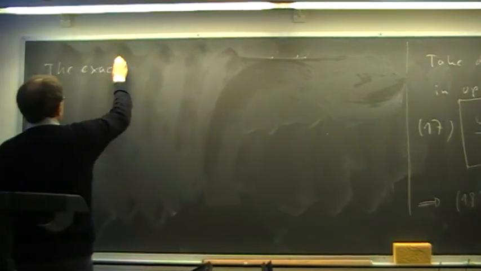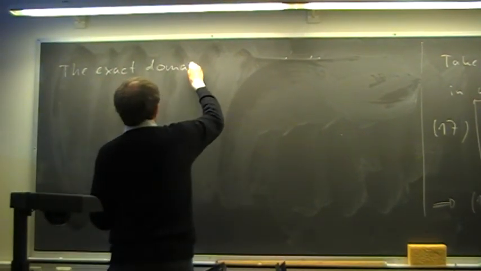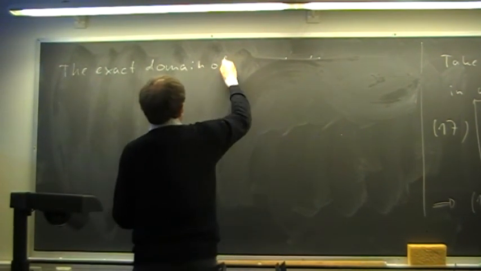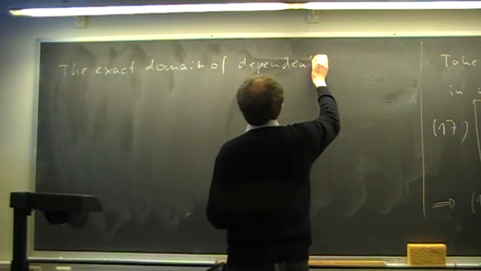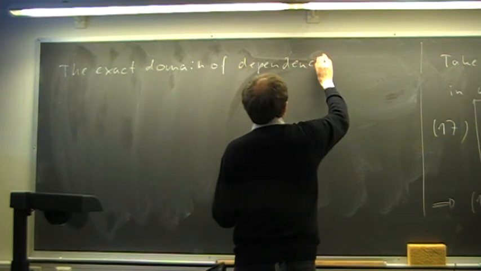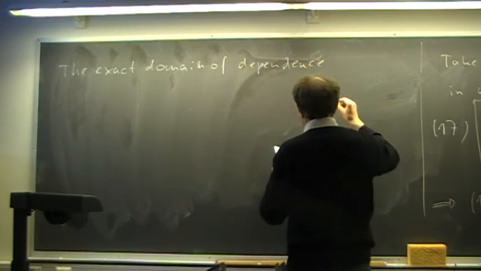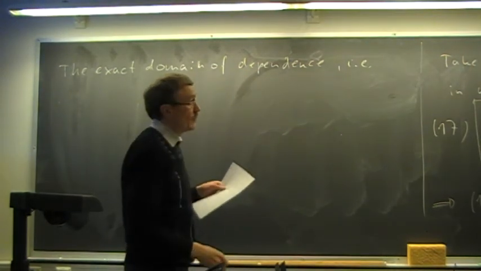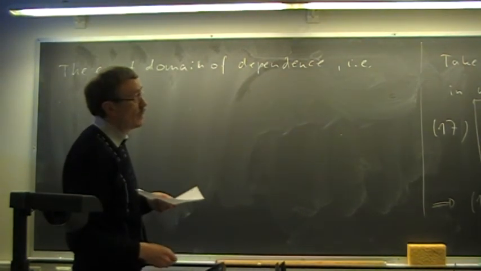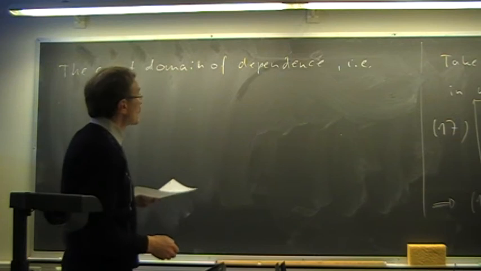The exact domain of dependence, and we always talk now about the value that we want to determine, xj at tn plus 1.